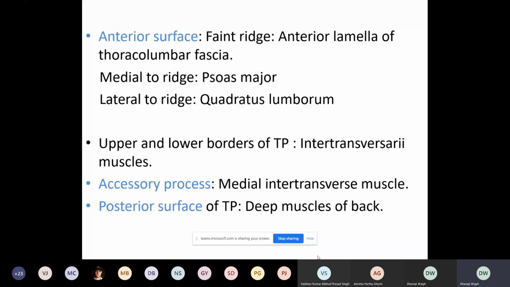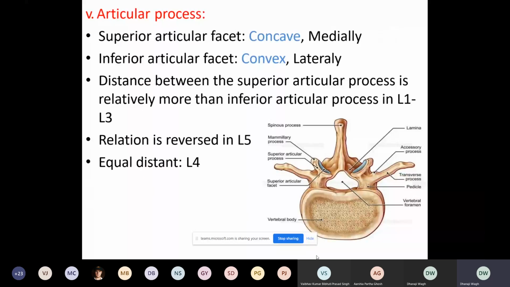Then you see these articular processes: 2 articular processes, superior and inferior. The superior articular facet is concave and medially directed. The inferior articular facet is convex and laterally directed.